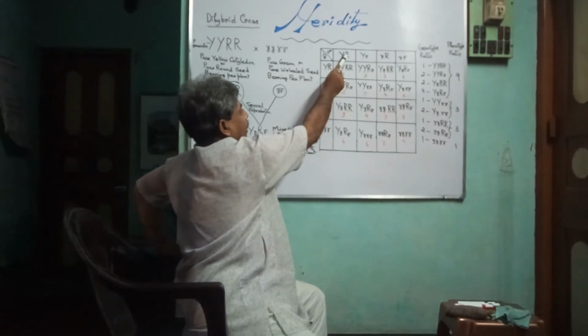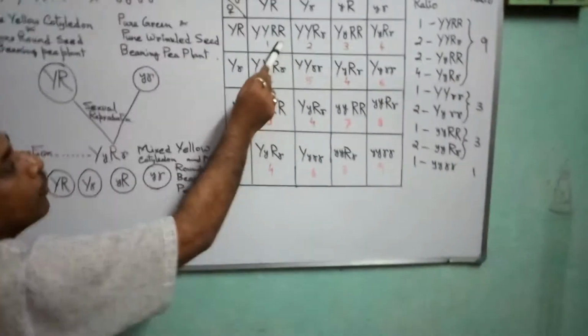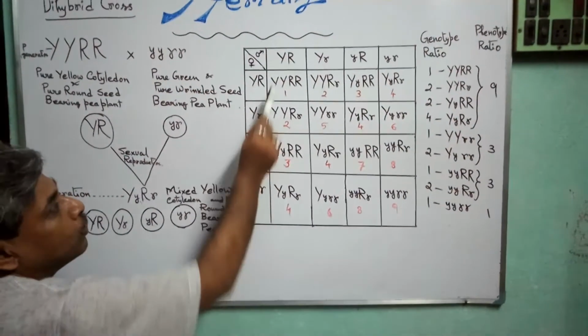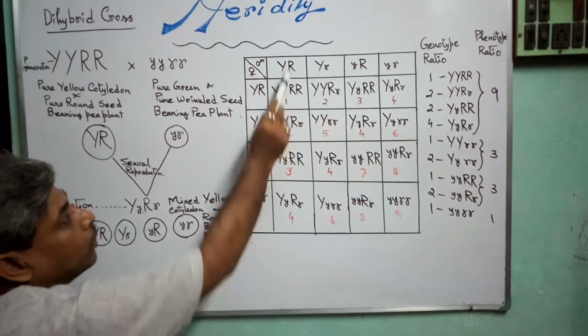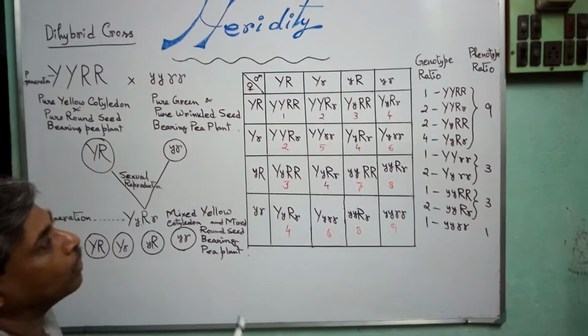When these 2 gametes fuse together, that will produce this one. These 2 will produce this one, these 2 will produce this, and these 2 will produce this. Likewise, we will proceed in other cases also.